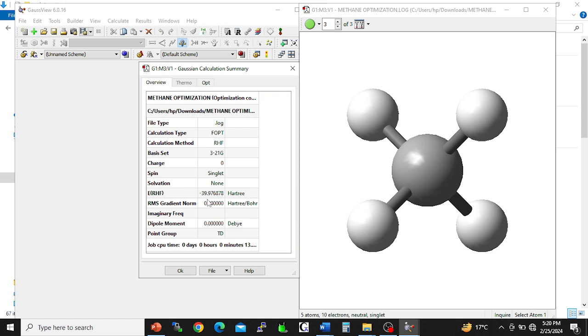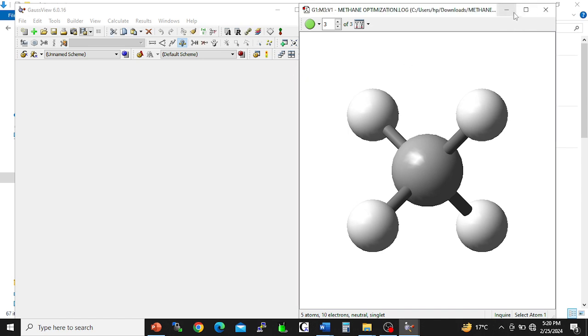So this absolute number is not useful, but in comparison to some other similar structure it may be useful. For example, if you're talking about the conformational analysis, then these numbers may be useful, but for a single molecule, this number is meaningless. You just need to make sure that this is optimized successfully.